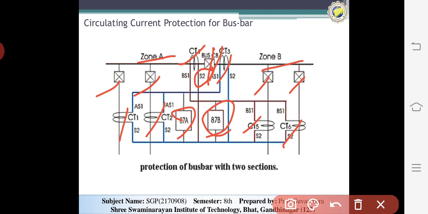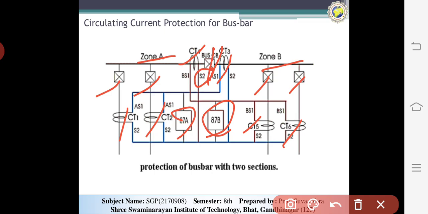Hence the fault in any section of the bus will be isolated, only that portion, leaving the rest of the live system. In the current differential protection of the bus bar, if the CT secondary circuit or the bus wire is open, the relay may operate to isolate the bus bar from the live system, but this is not desirable.